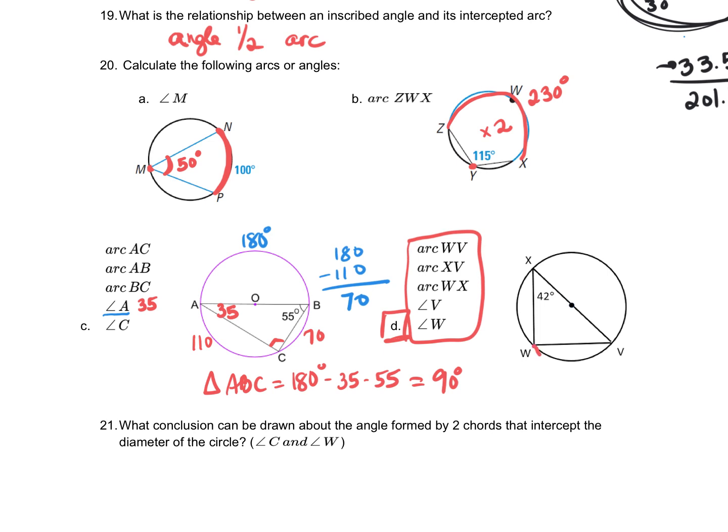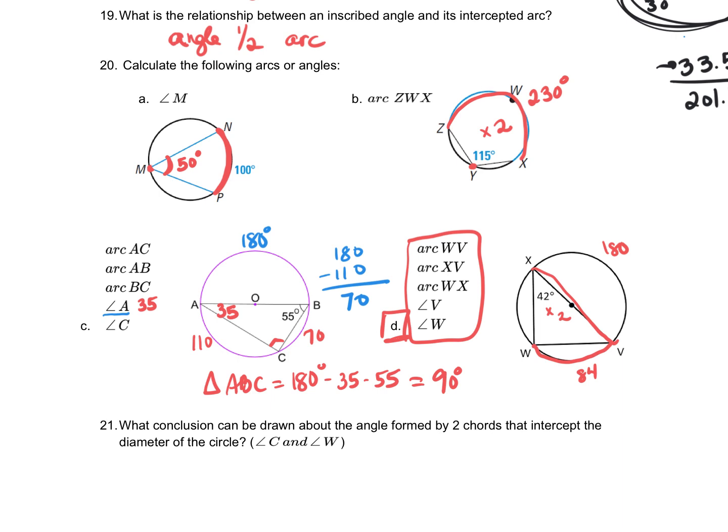Okay, so for arc WV, you should have multiplied 42 times 2 because the arc is double the angle, which would give me 84. Then arc XV, again, XV is a diameter, so that's 180.